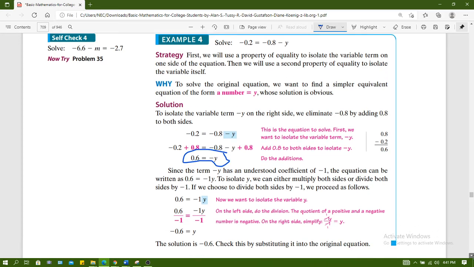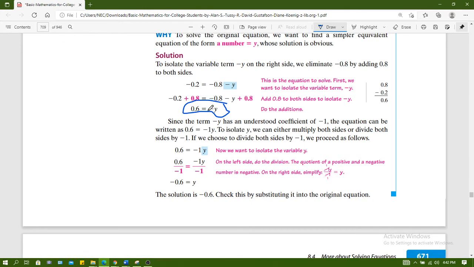But we cannot have a negative variable. So since the term negative y has an understood coefficient of negative 1, you still need to solve for the equation. And since negative 1 is a whole number, you use the division property of equality and divide both sides by negative 1. So now you have y on this side and negative 0.6 on this side.